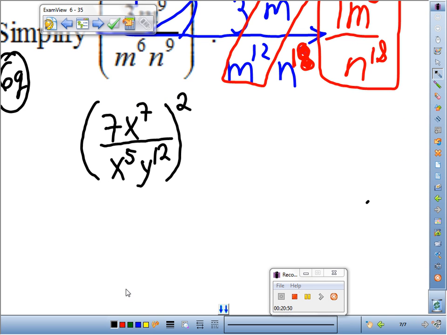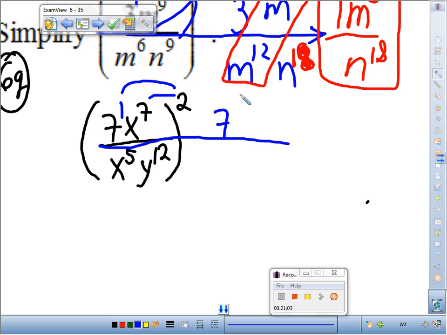Okay, here we go. First thing you did, I'm pretty sure, you wrote a 1 on the exponent of 7, yes? You drew a line across like this, and you distributed your exponents to the numerator. 7 squared, x to the 14th. You distribute to the denominator, x to the 10th, y to the 24th.